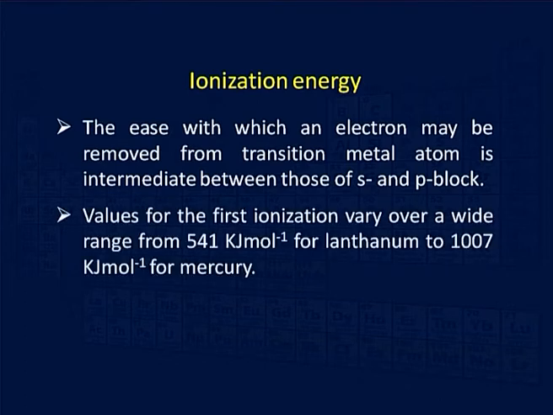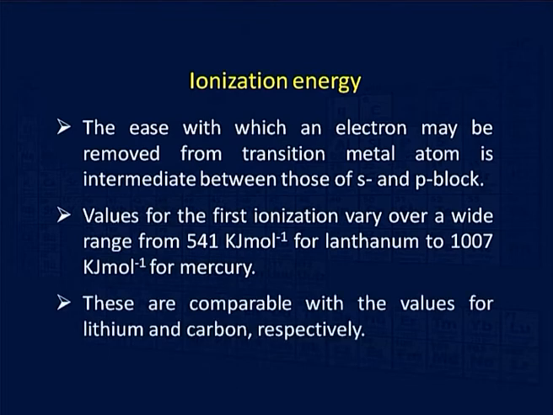The values for the first ionization energy vary over a wide range, from 541 kilojoules per mole for lanthanum to almost 1007 kilojoules per mole for mercury. These are comparable with the values of lithium and carbon respectively. So, you can say that lanthanum has ionization energy almost near to carbon.